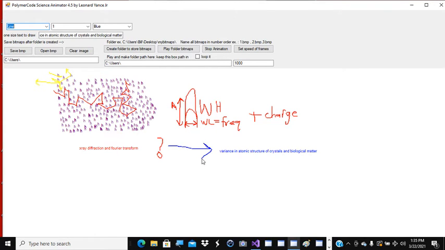Okay, so now there's no way, it seems to me, that X-rays, and these X-rays usually are at the 10 to the negative 12th in wavelength.